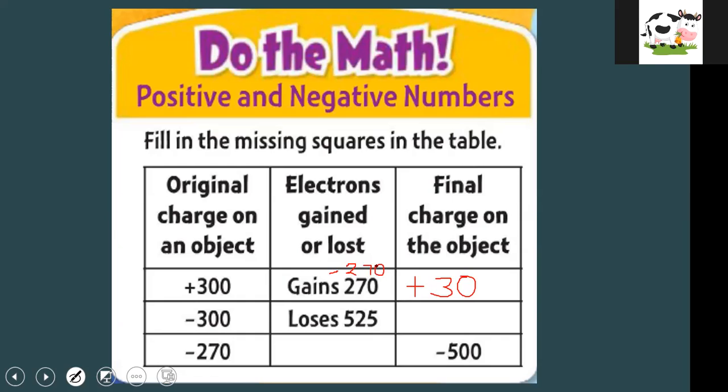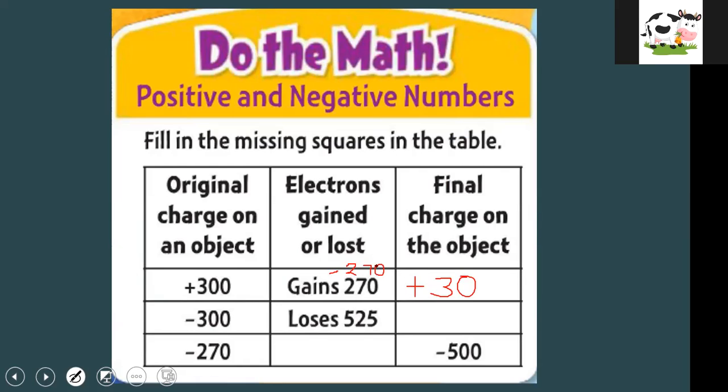You have negative 300 to start with, and you're losing 525. Nathan, yeah? 225? So if something is losing an electron, right?